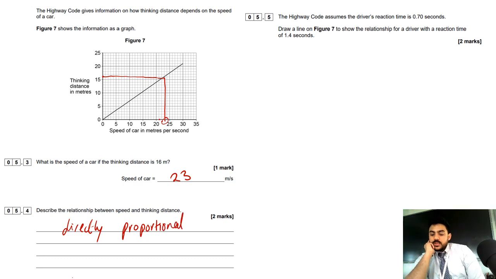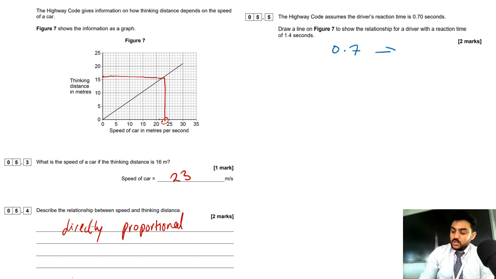The highway code assumes that this driver has a reaction time of 0.7 seconds. Draw a line on figure 7 to show the relationship of a driver with a reaction time of 1.4 seconds. I'm just going to use a different color. 0.7 seconds, double the reaction time to 1.4 seconds.